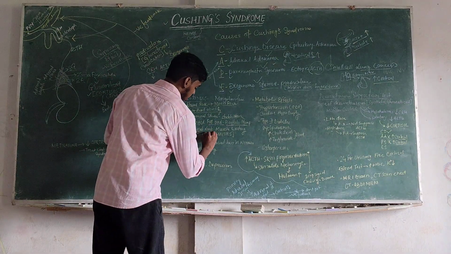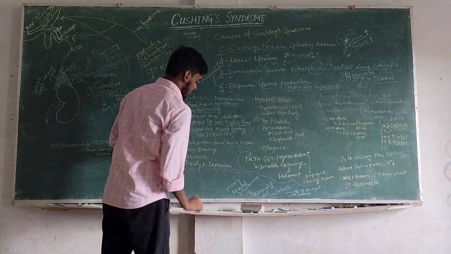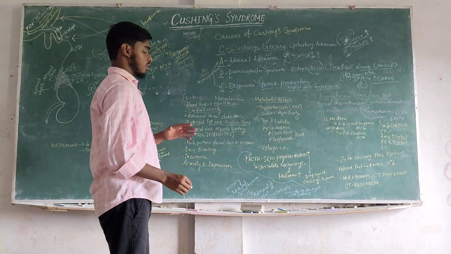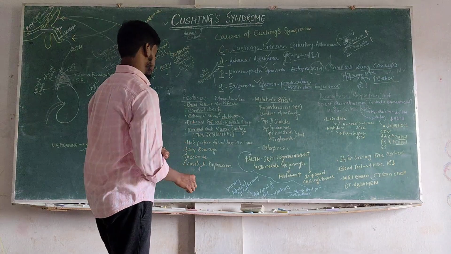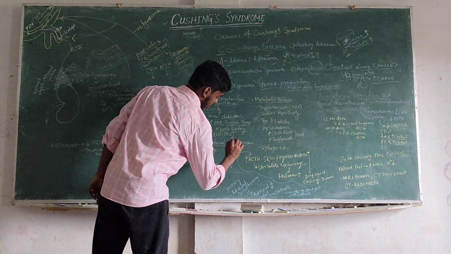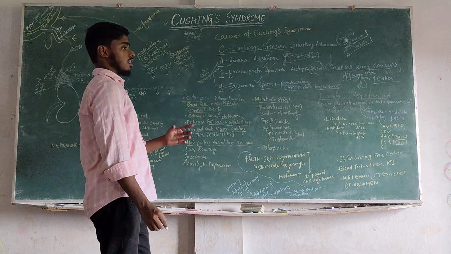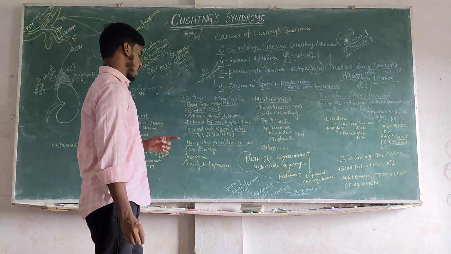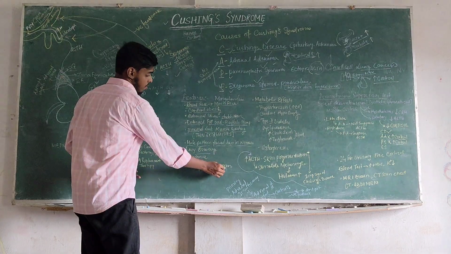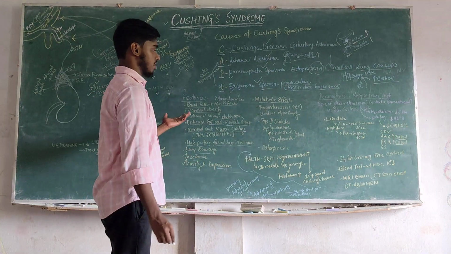Then proximal limb muscle wasting. This means the extremities, or hands and legs, will become thinner. Then male pattern facial hair in women: in the case of women, facial hair growth happens. Then easy bruising, insomnia, anxiety, depression, this type of general symptom.